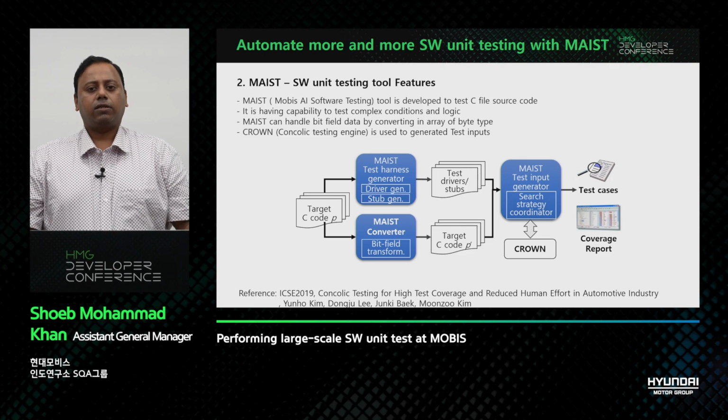This search engine approach ensures that coverage can be continuously monitored and verified for the target C file and function. For more information about MICE, please refer to the research paper published in ICSE 2019.